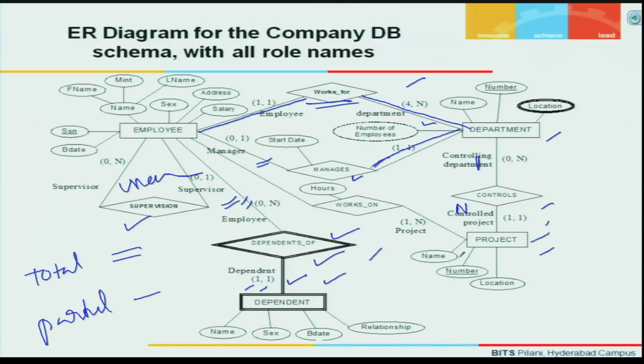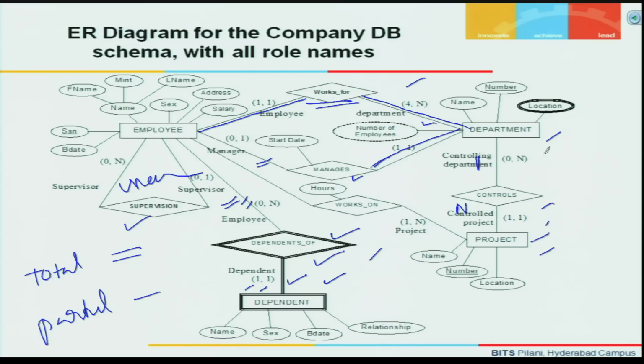This is a 1-to-n relationship. Actually, the database designer cannot decide these constraints. They should be given by those who clearly know the domain, the domain experts. A database designer cannot decide these constraints.